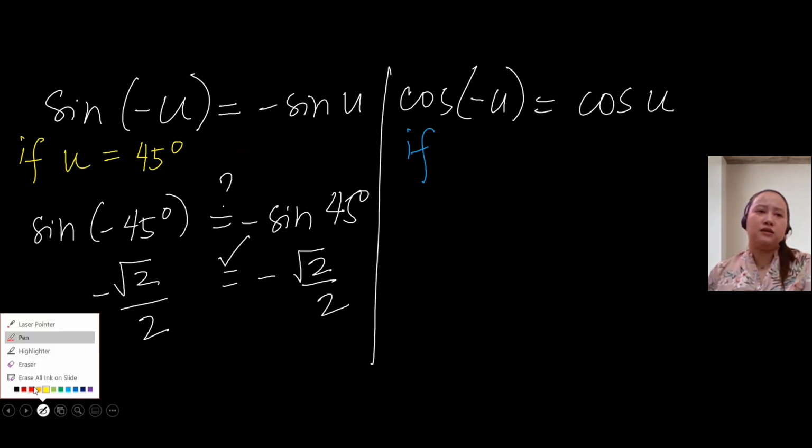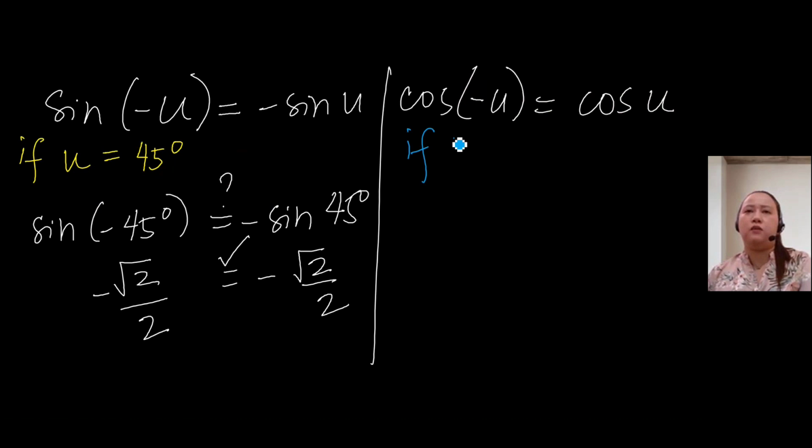On the cosine, say we have u equals, for example, negative 4 pi over 9. Let us try this.